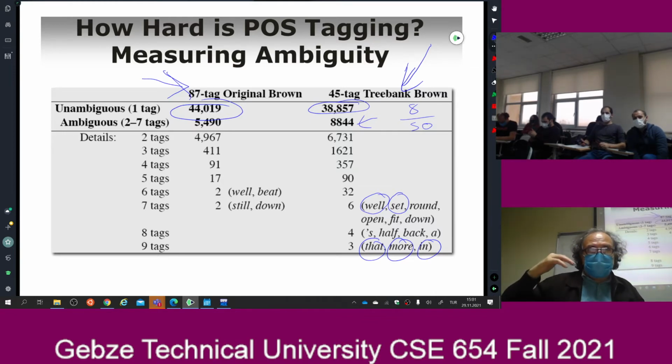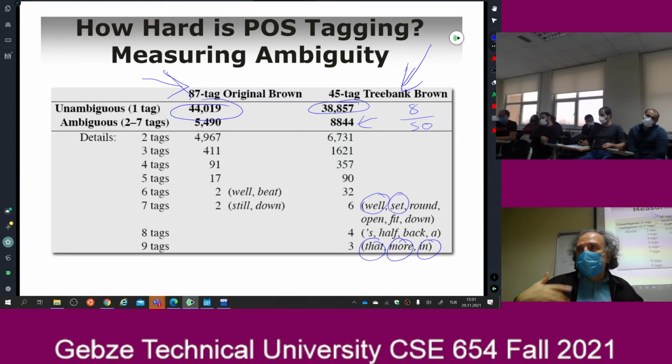It is not because they are human and making mistakes. You tell them that you marked this as tag 1 and the other guy marked it with tag 2, and they start arguing with each other. They know what they are doing. It is not a human mistake. They say it has to be this or it has to be that. So they have their opinions.